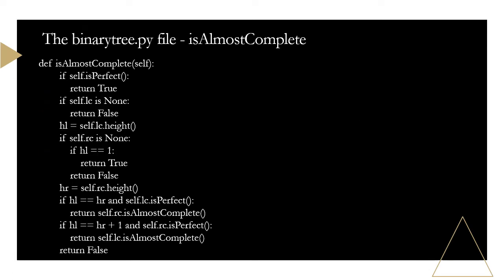Have a look at the code. The function is given a node pointer self. First, the function checks if the tree pointed to by self is perfect, and if this is the case, it returns true. So this means that if you give this code a tree with 0 nodes, this will return true.